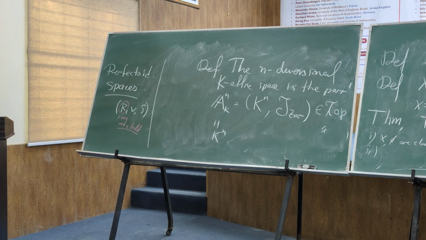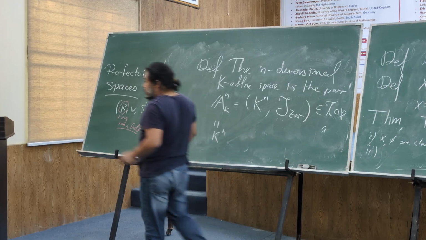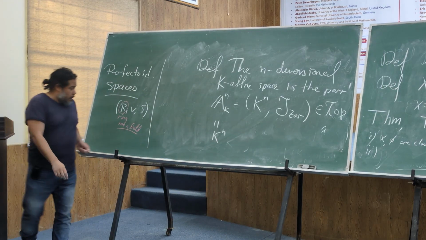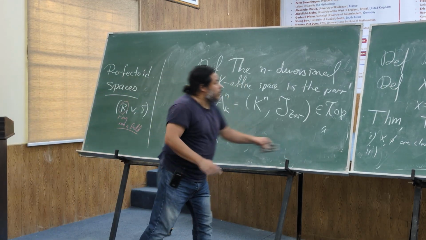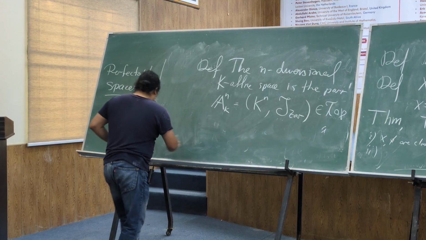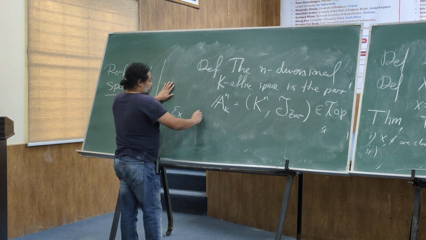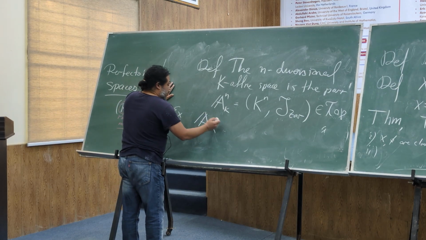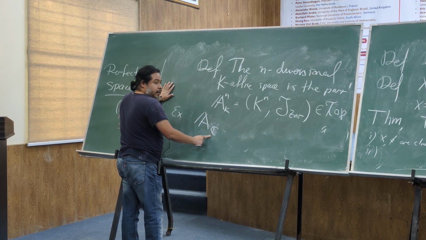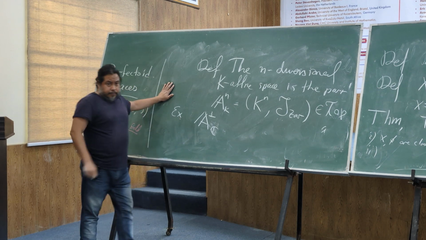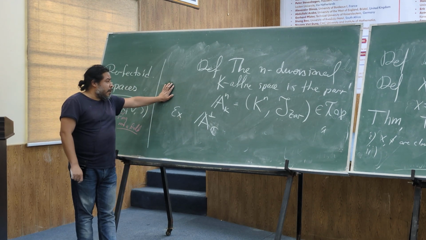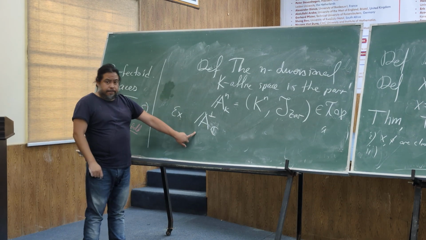Let's compute the Zariski topology of K^1, or to fix ideas, let me put here C. Okay, so what are the closed sets here?